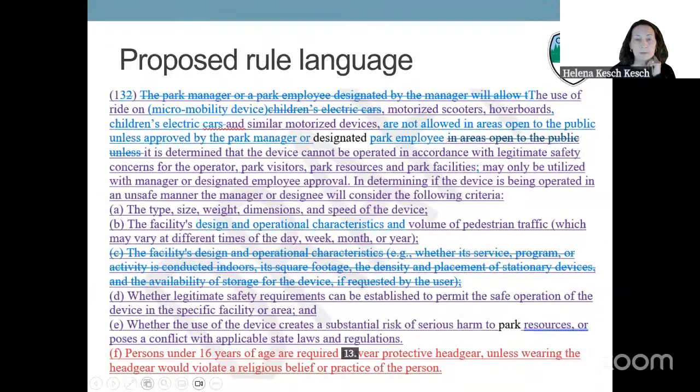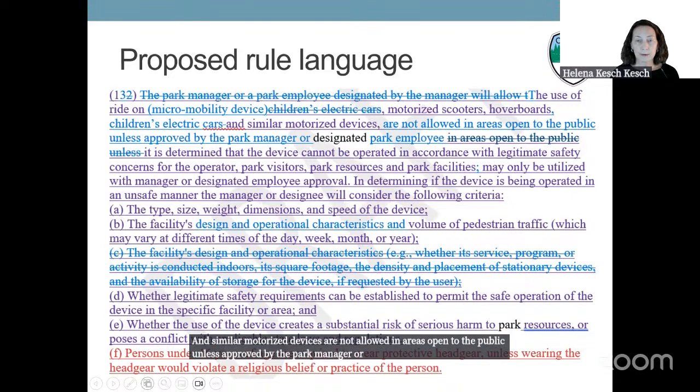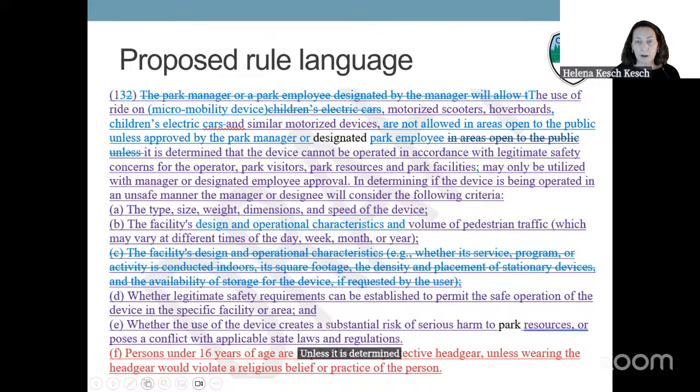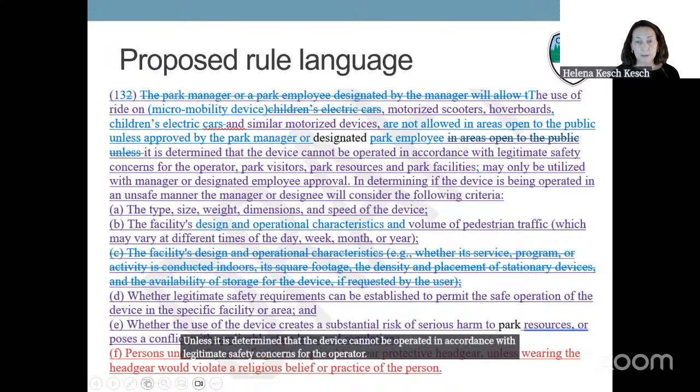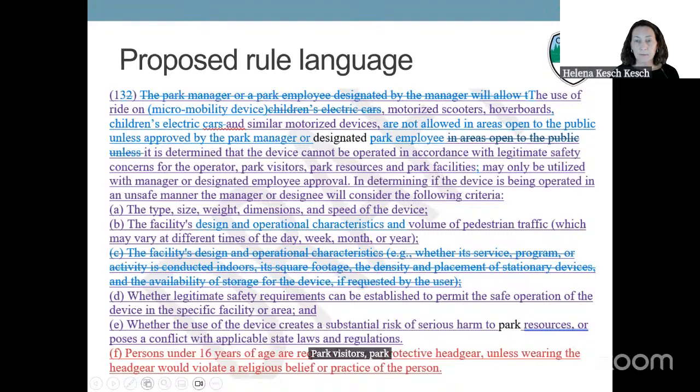The use of ride-on micro-mobility device, motorized scooters, hoverboards, children's electric cars, and similar motorized devices are not allowed in areas open to the public unless approved by the park manager or designated park employee. Unless it is determined that the device cannot be operated in accordance with legitimate safety concerns for the operator, park visitors, park resources, and park facilities. May only be utilized with manager or designated employee approval.